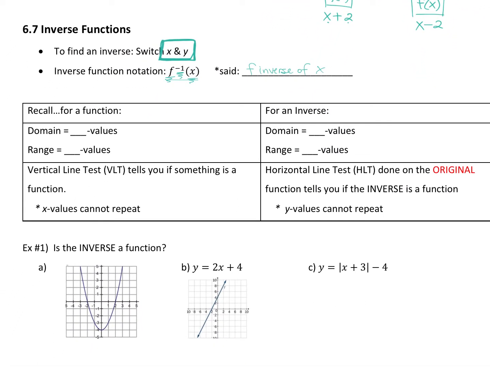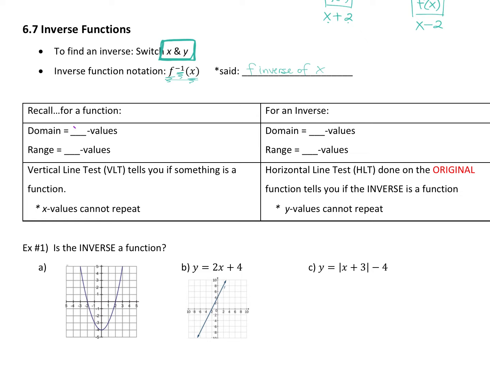Okay, so let's think back a little bit to some of the general ideas of functions. We did this, gosh, what chapter was that, where we did all the domain and range stuff. I don't remember off the top of my head. But for the original function that we're given, the domain was always which values?